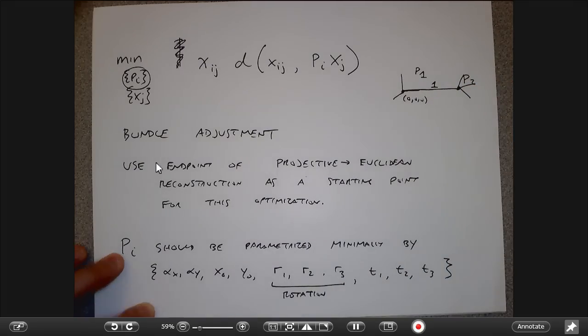I don't know how far away it is in real life, but I assign a scale by saying the two cameras, 1 and 2, are 1 unit away in world space. That eliminates the possibility of things being bigger or smaller.